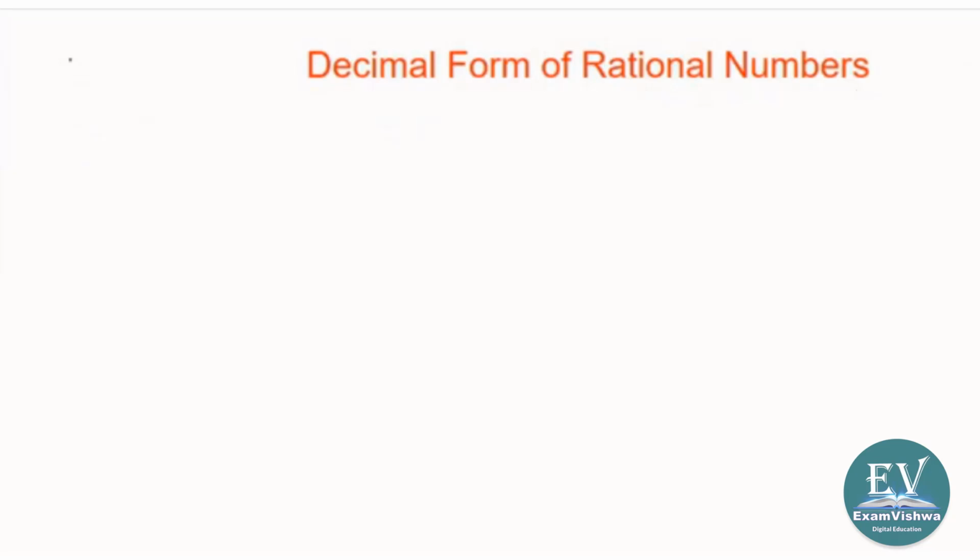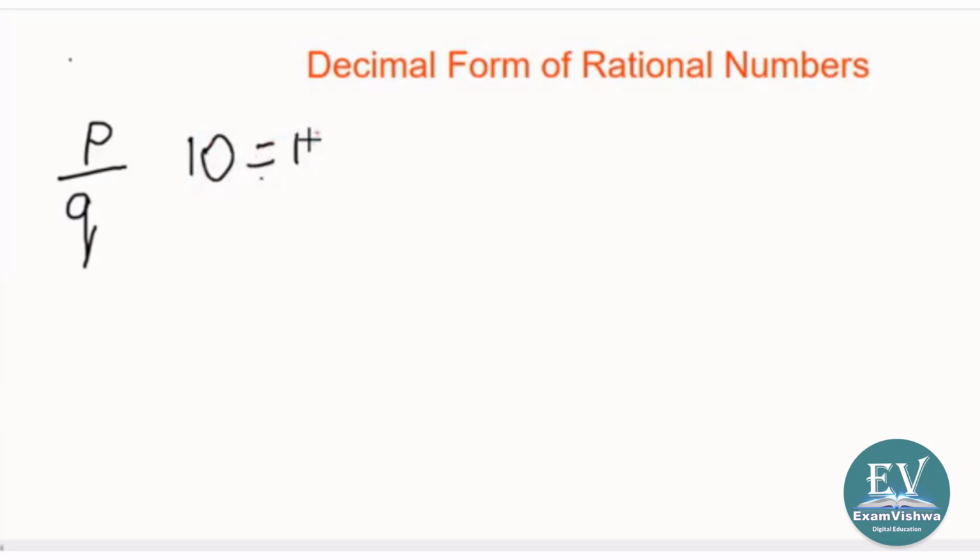So in that case we know about rational numbers in P upon Q form. 10 is a rational number because 10 can be represented as 10 upon 1, right? 15 upon 3 is also a rational number.